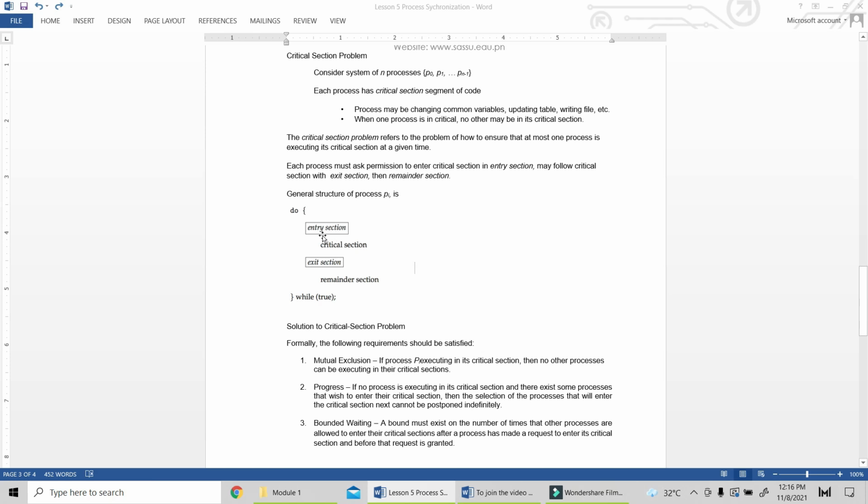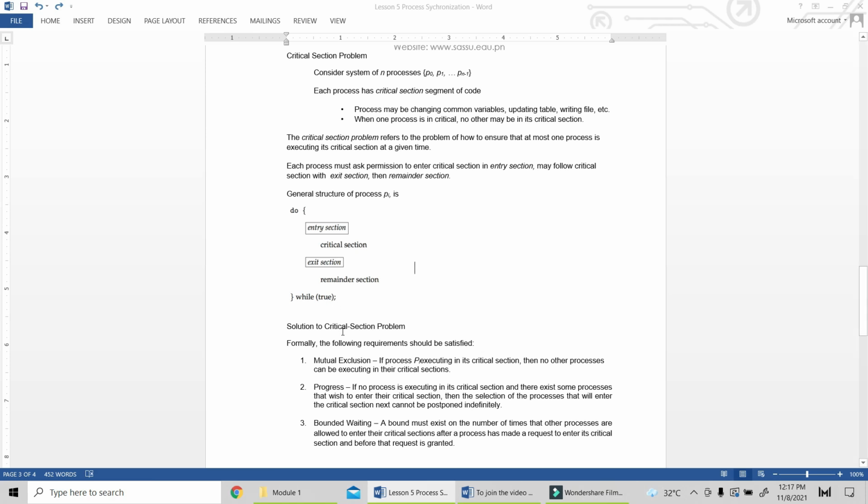After the critical section, it is followed by the exit section. Then the remaining code is stored in the remainder section, and it ends there.